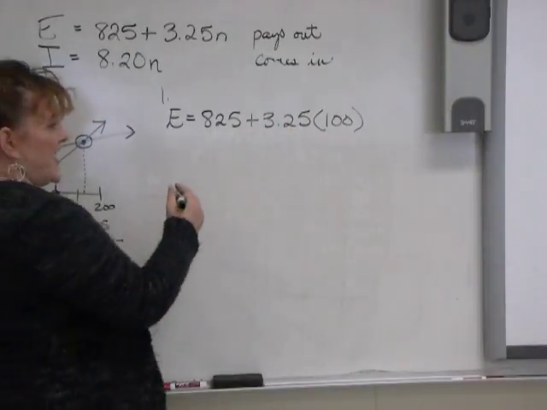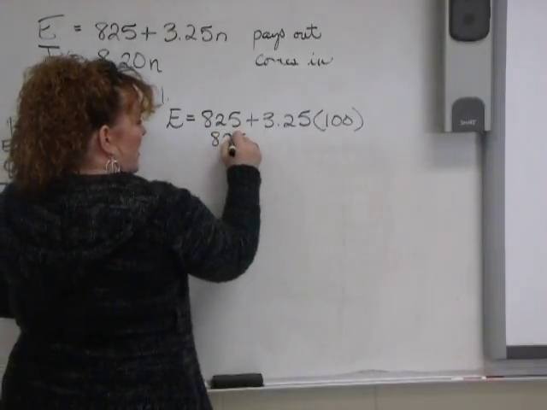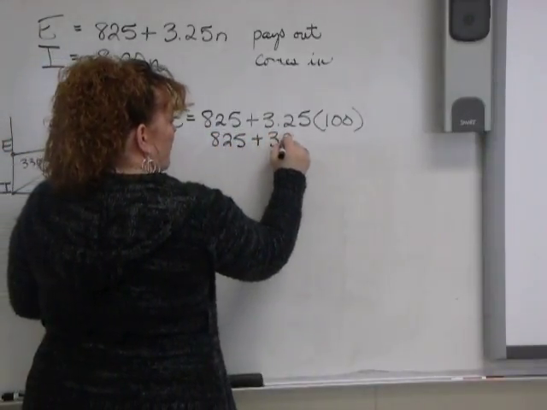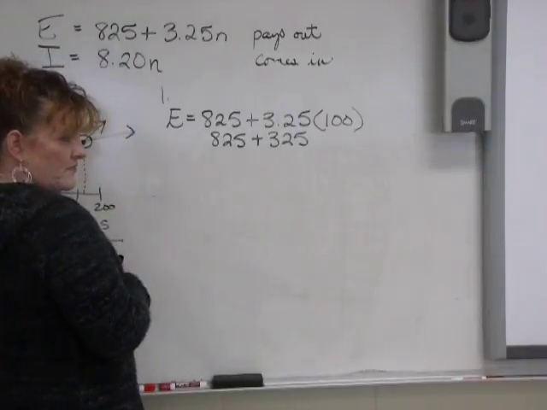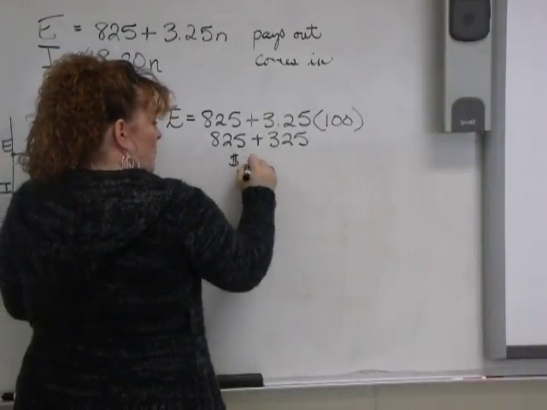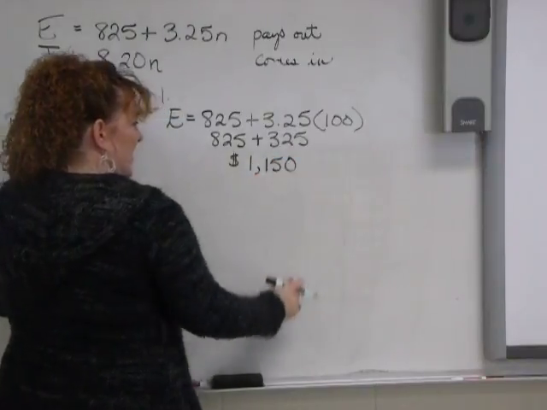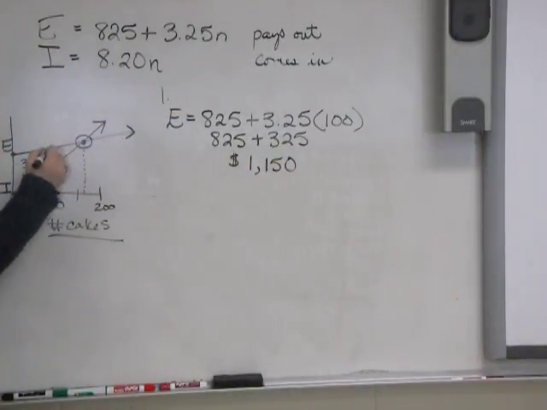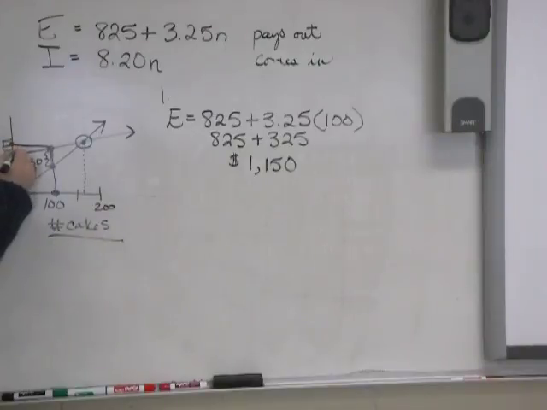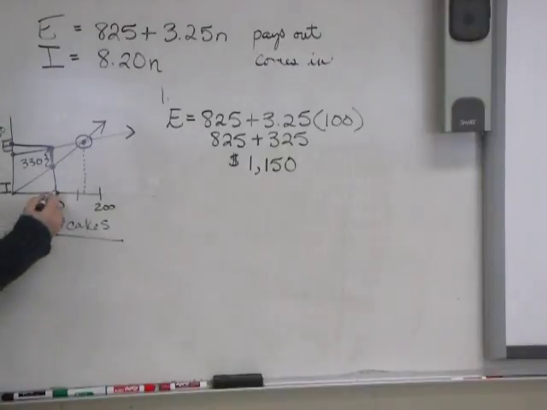So solving this, that's 825 plus 325, which gives us $1,150. So that's where this line falls here, at 1,150. At 100 cakes, the expenses are 1,150.